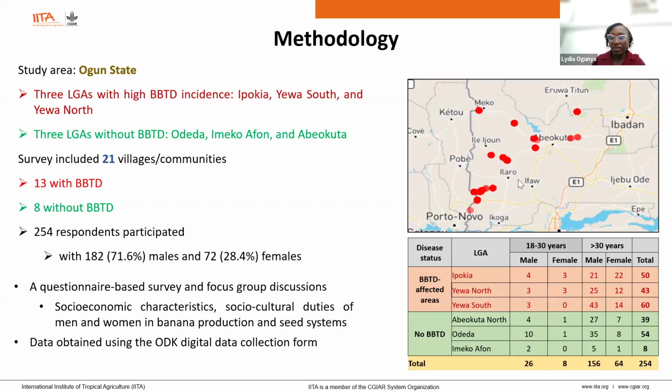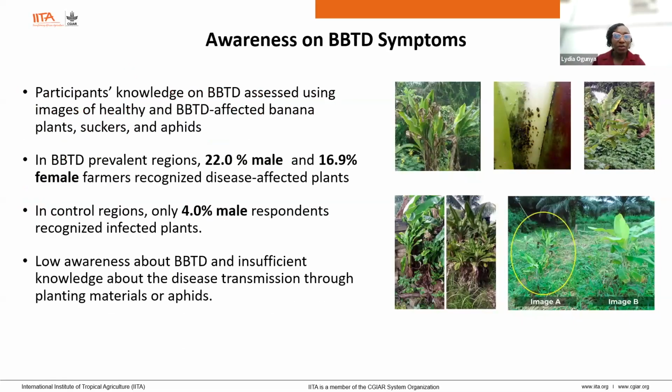We also wanted youths and adults to be part of the survey. We used descriptive statistics, logistic regression, and ANOVA statistical packages to get the results for the study.